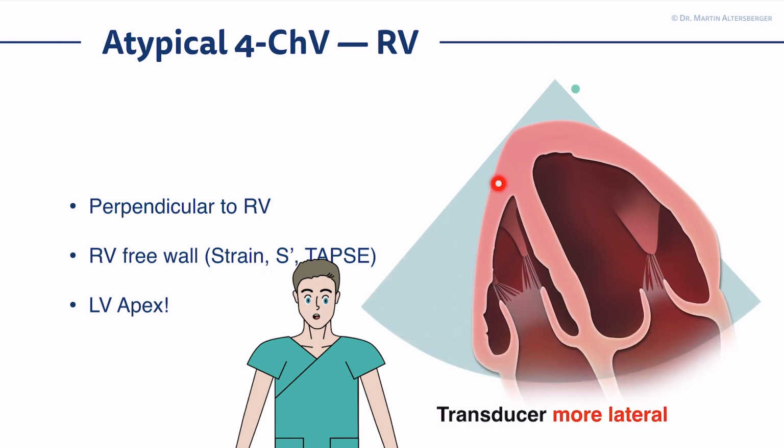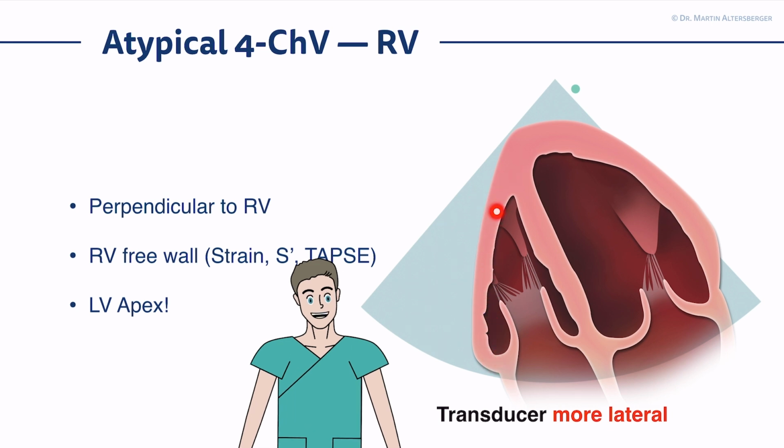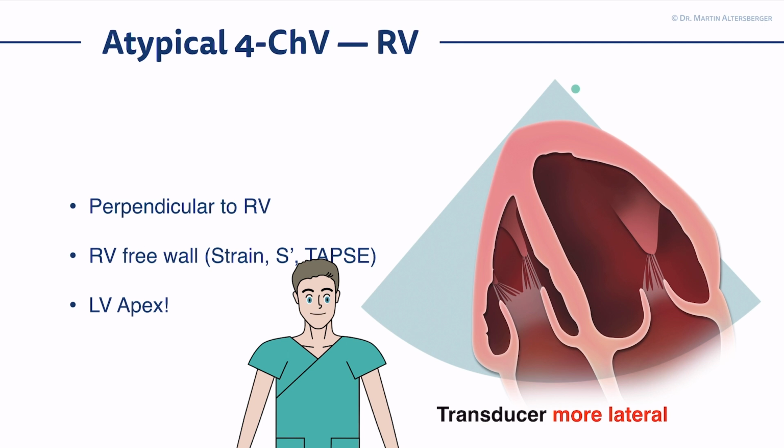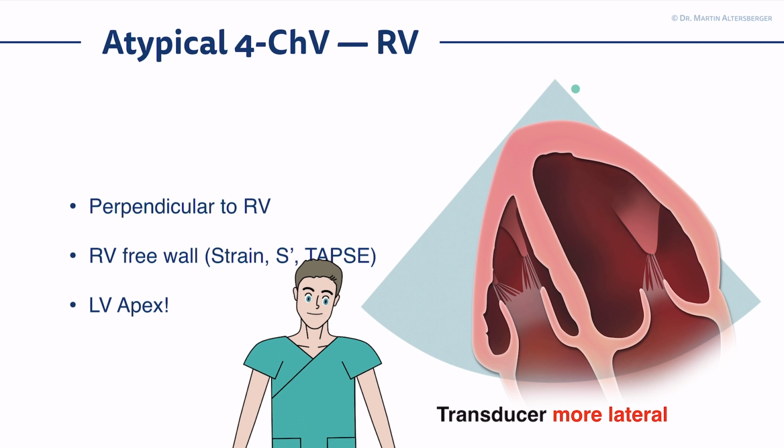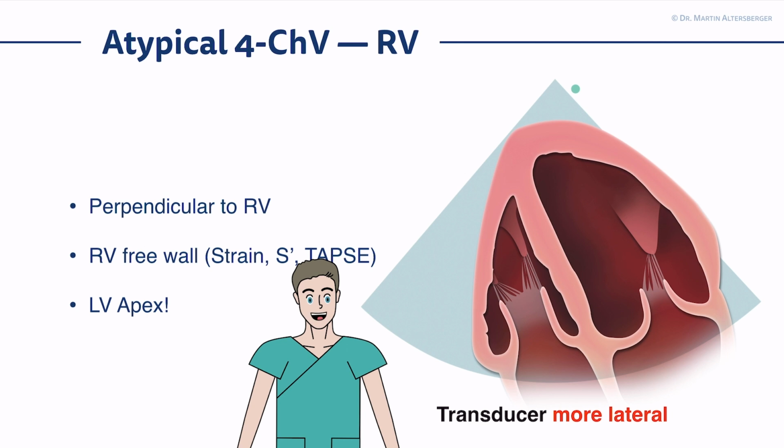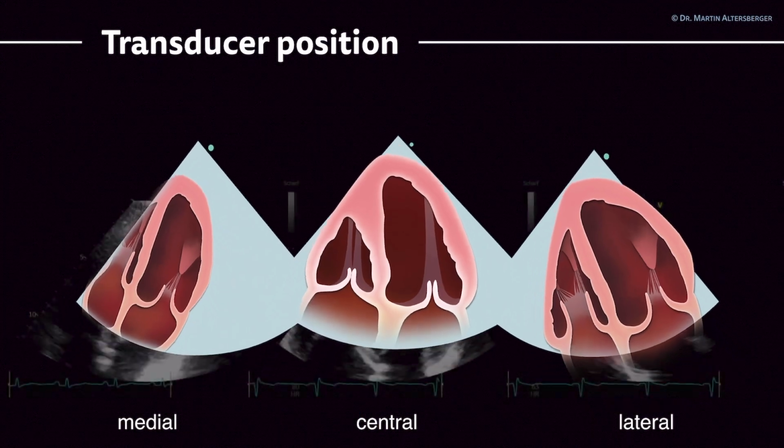And in case of the right ventricle, move laterally and you see here the free wall of the right ventricle. It even makes the measurements way easier. So here's the right ventricular and the left ventricular apex, so you should focus on those regions to truly delineate and depict the RV free wall, to measure the strain, the S prime, and of course the TAPSE.